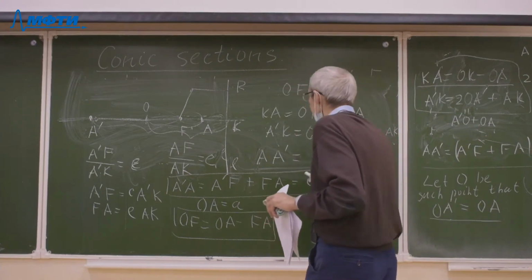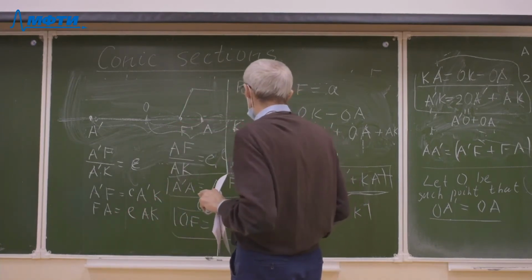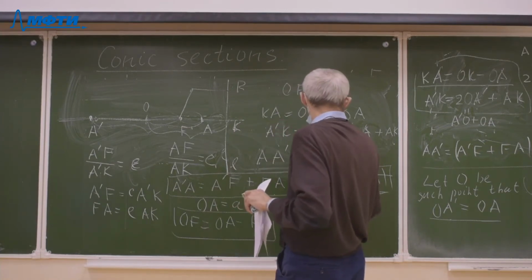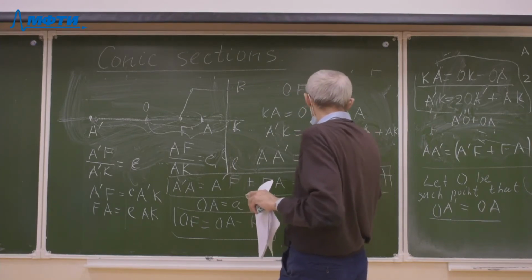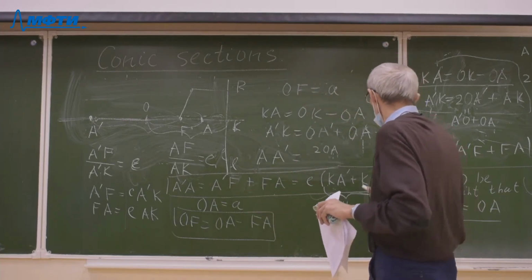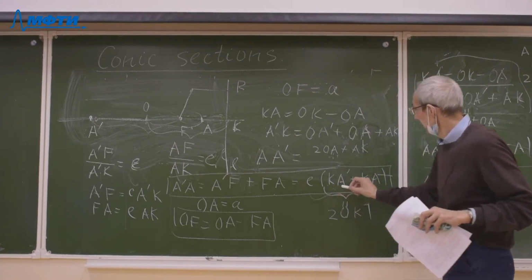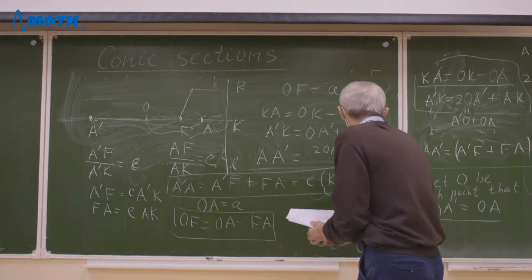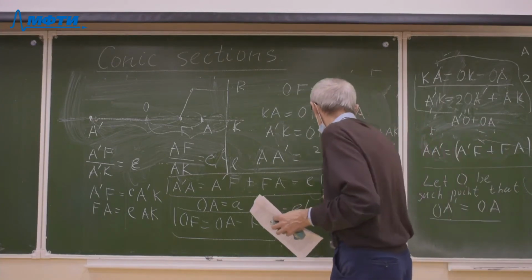KA prime is equal twice OA plus AK. KA prime is the sum.